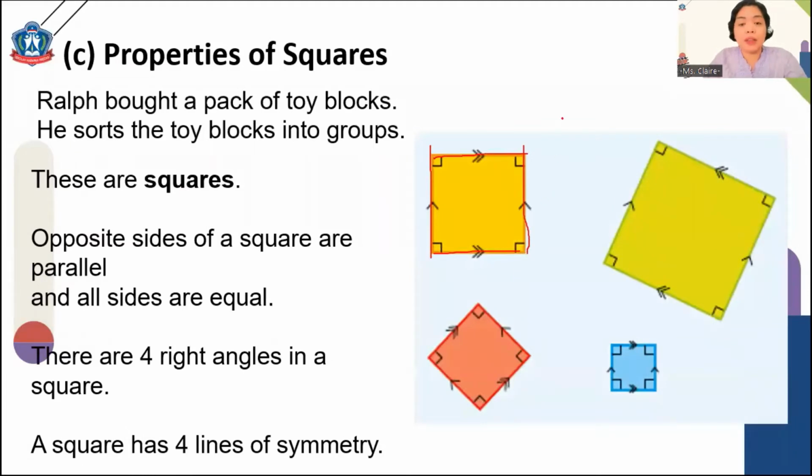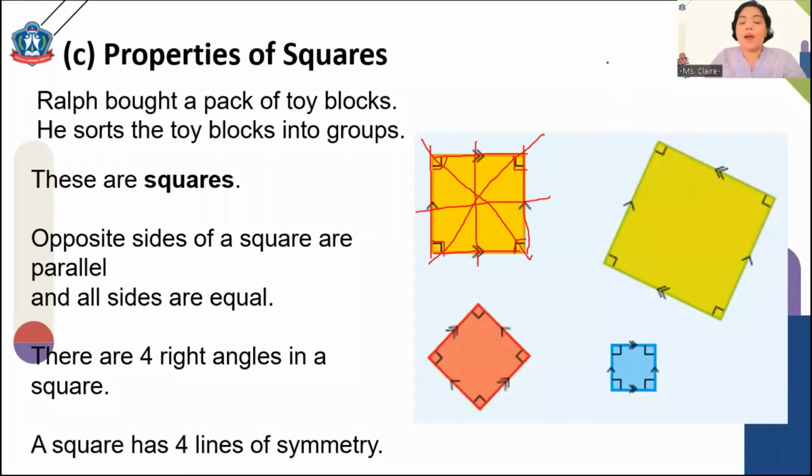All sides of a square are equal and they have 4 right angles. So our square has 4 right angles. And a square also has 4 lines of symmetry. We have 1, 2, on the diagonal 3, and the other diagonal line 4.